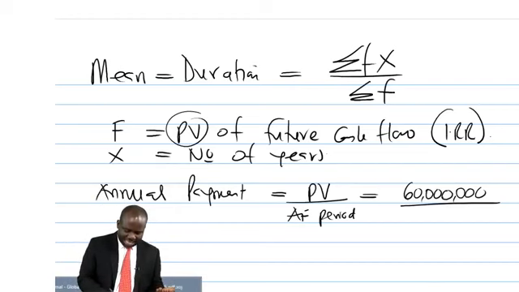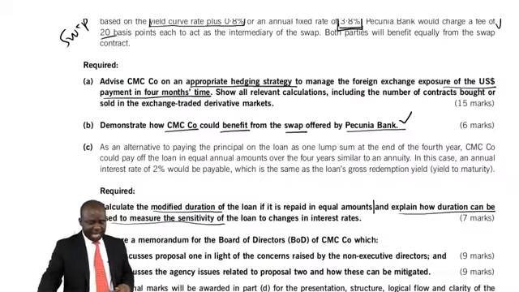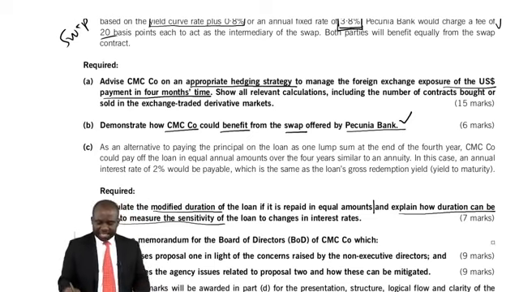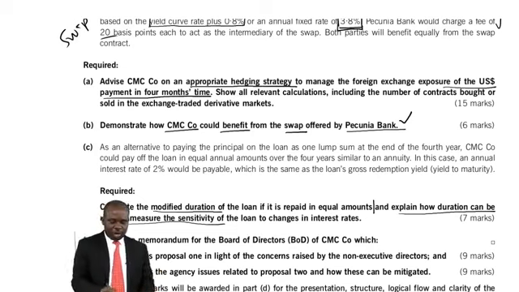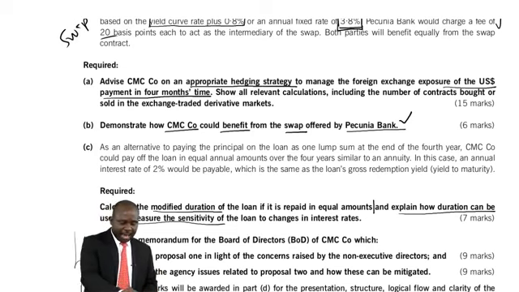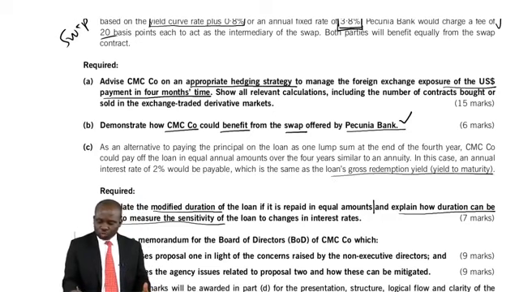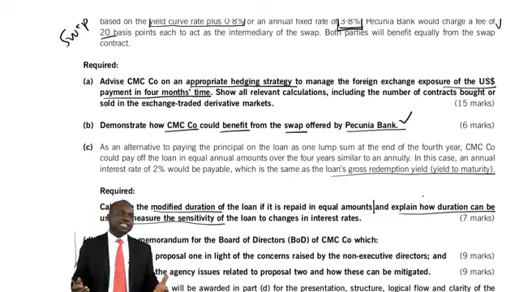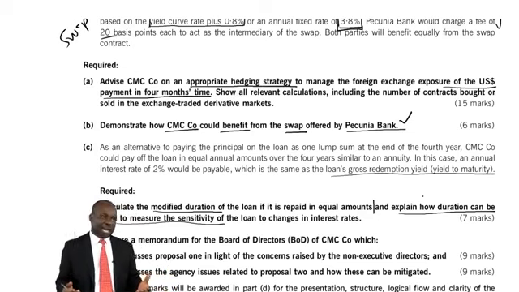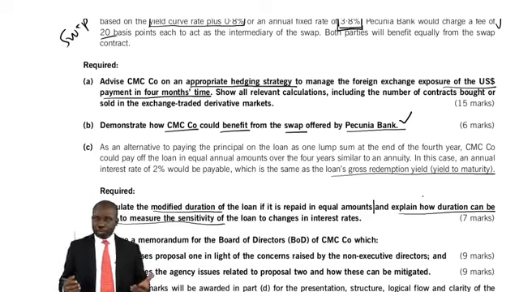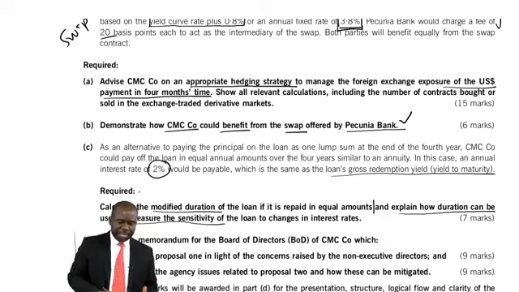What is the internal rate of return given? If you come to the question, it said in this case, an annual interest rate of 2% will be payable, isn't it? Which is the same as the loan gross redemption yield. Alternative name for internal rate of return is the gross redemption yield or yield to maturity. So he's giving me 2%.